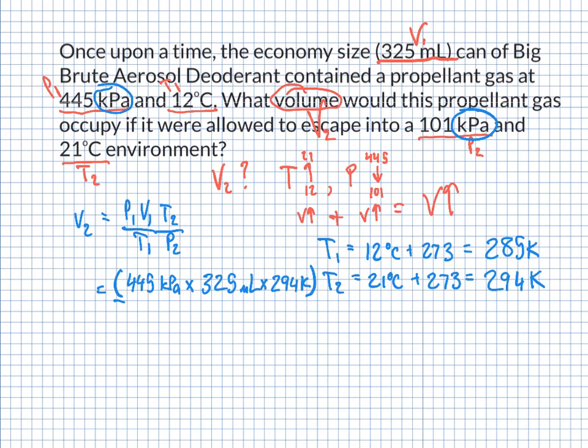Now close your parentheses, divide it by, open another parentheses, your T1, which was 285 Kelvin, times your P2, which was 101 kilopascals. Close parentheses, then you'll hit equals.